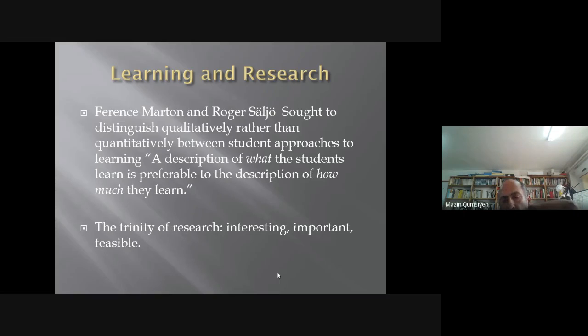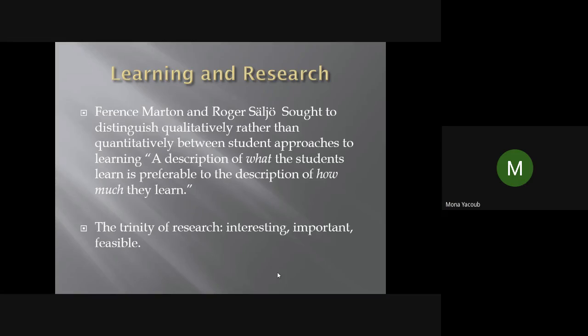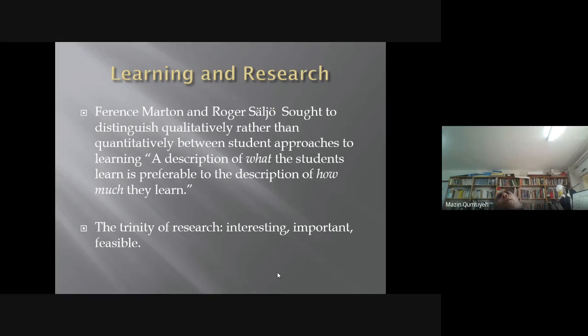The other two criteria: important, to whom? Because if I say important to me or to the researcher, that's the same as interesting, so important has to be to someone else. To whom? I think for the readers. For the readers. But all research is important for some readers who are specialized.